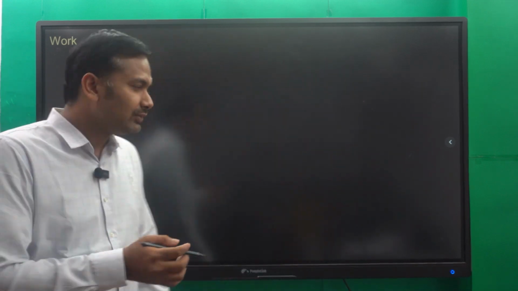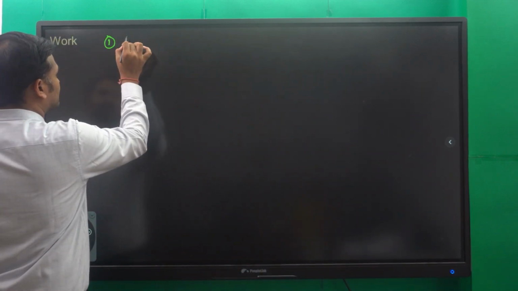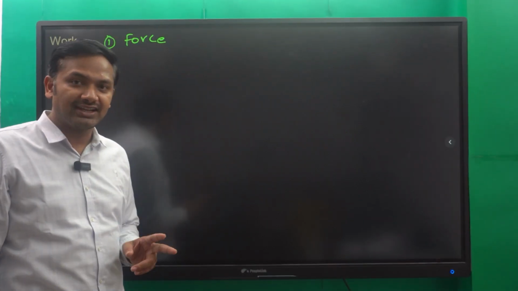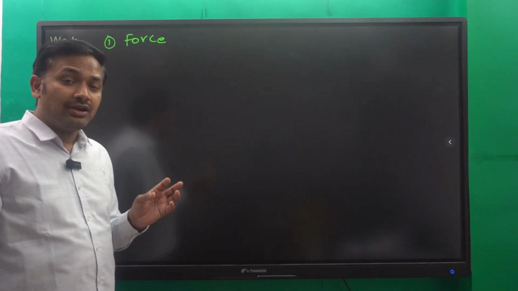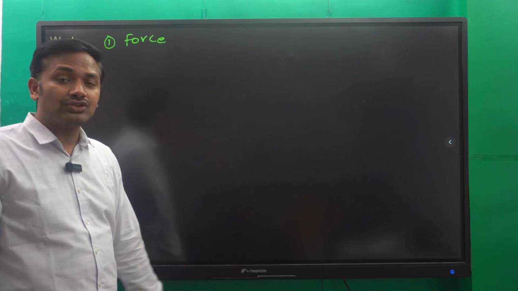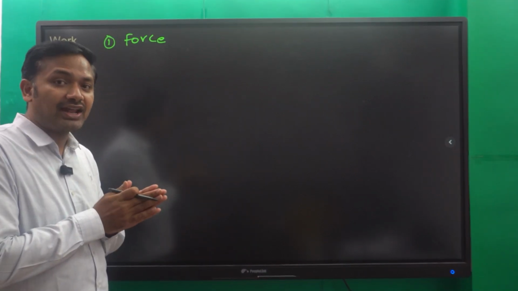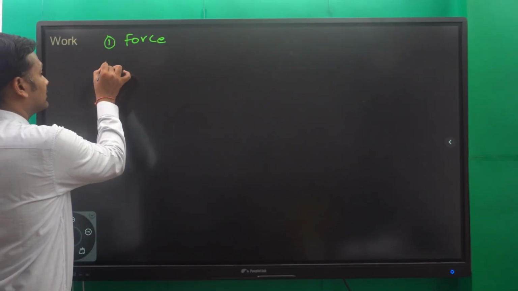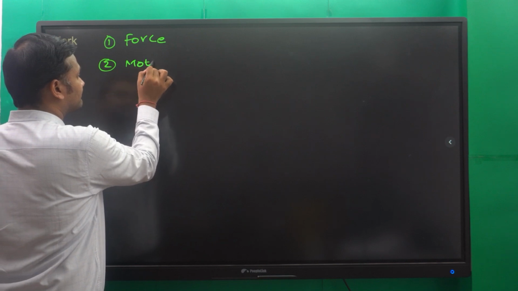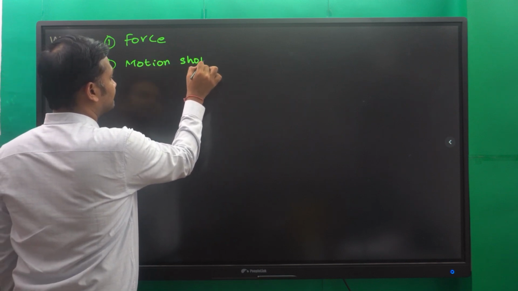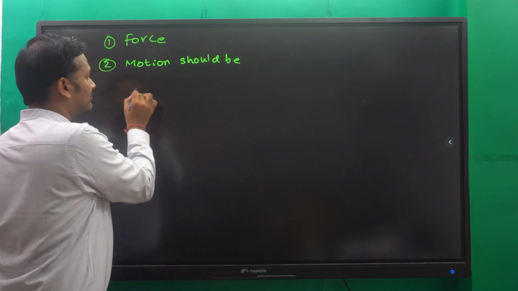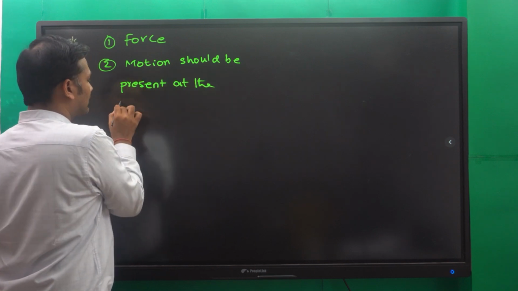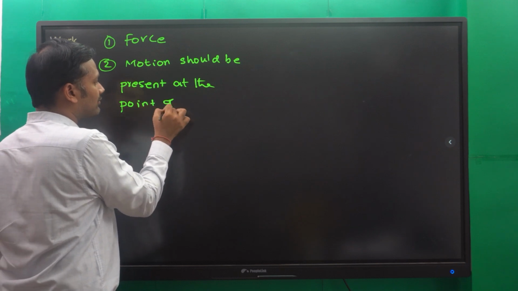So first, a force should be applied on an object. Second, in which direction the force is applied, in the same direction the displacement should be there, or motion should be present at the point of application of the force.